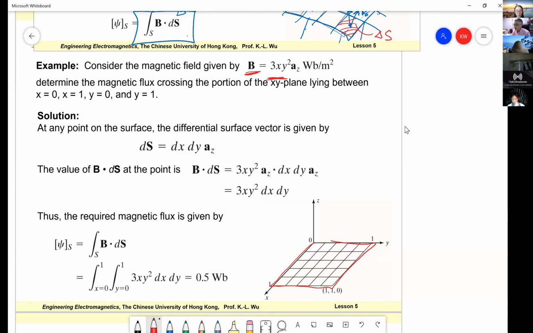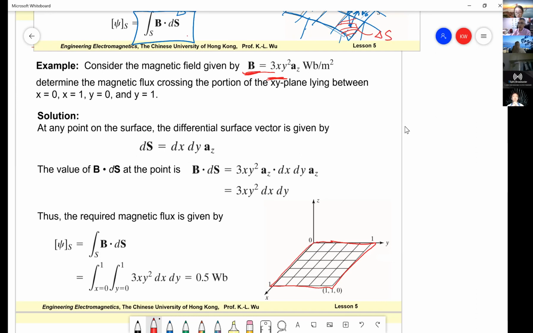Okay, so we have this area, then we have to have a field given. The field B is given.